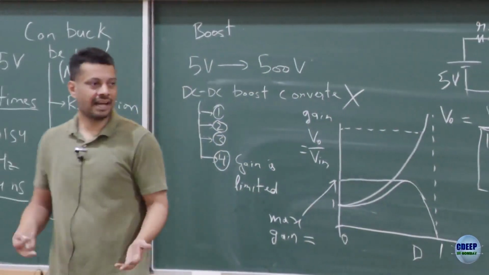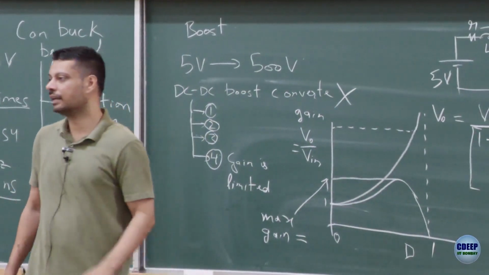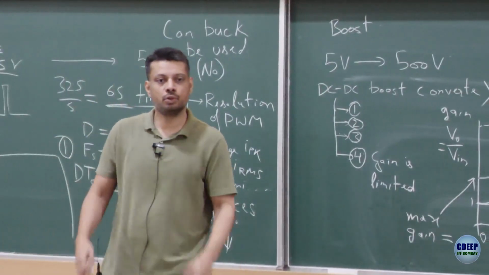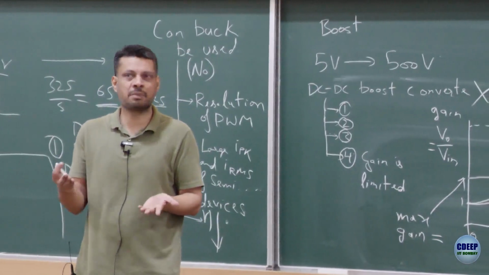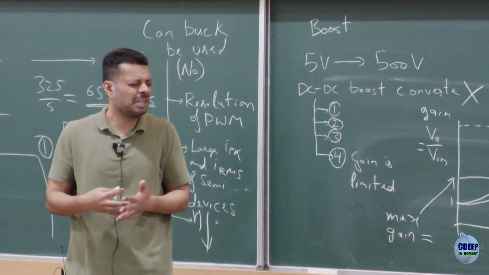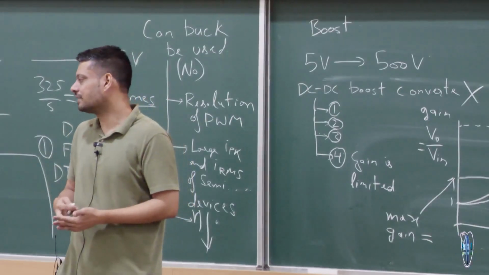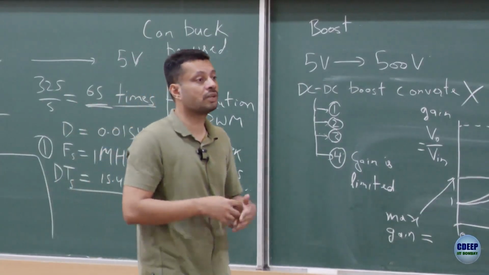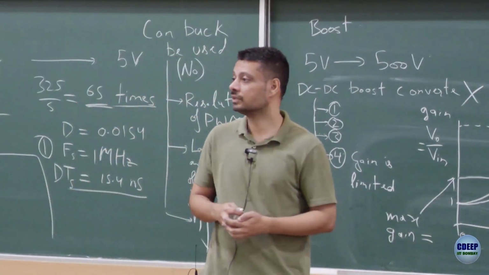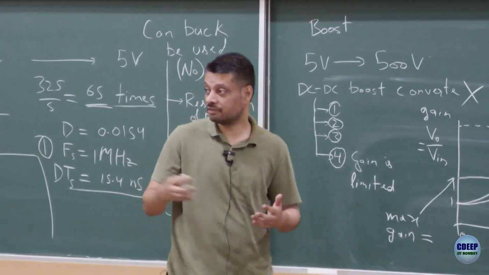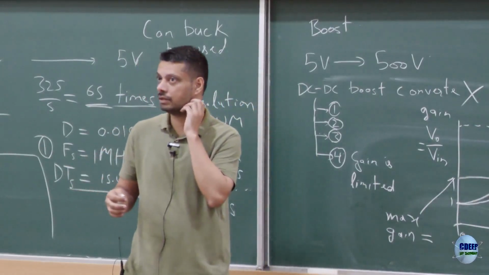So there is no fixed answer to it, but if you ask me practically what gains boost converters operate at, usually the maximum they go is up to 3, 4, maybe in very extreme cases I have seen somewhere 5, but I have not heard usually of a boost converter going beyond that. And 5 is also actually a bit uncommon.